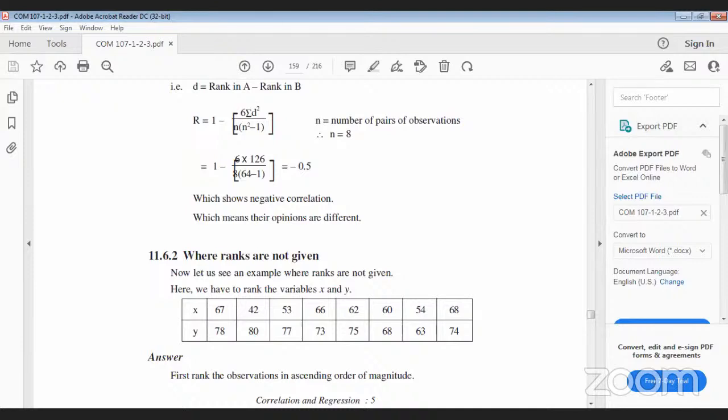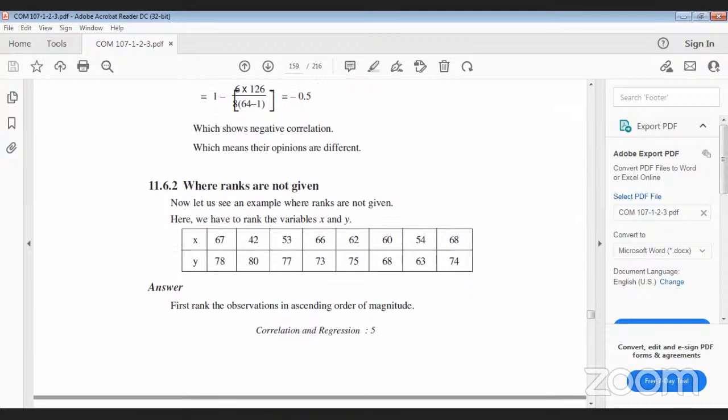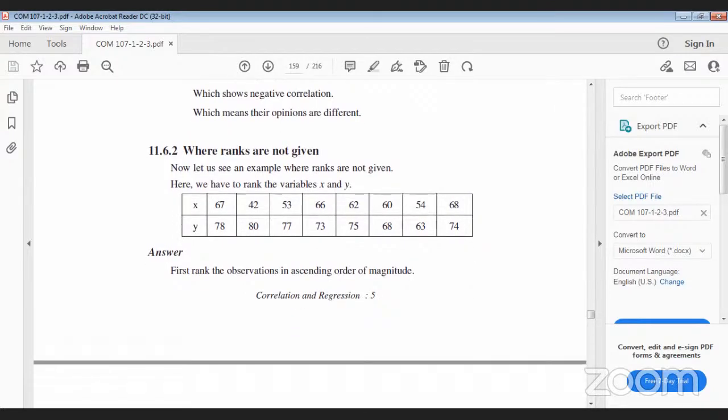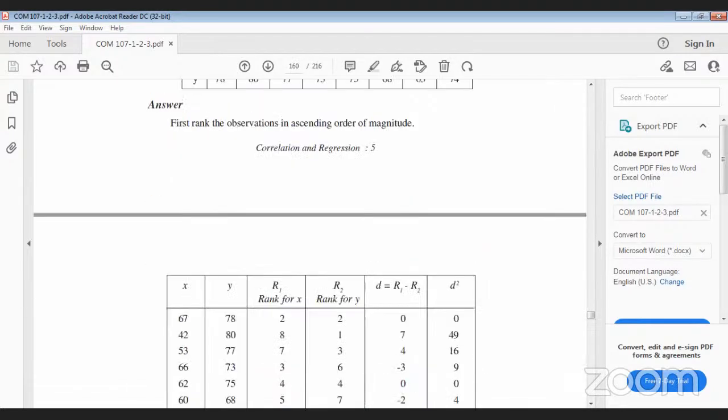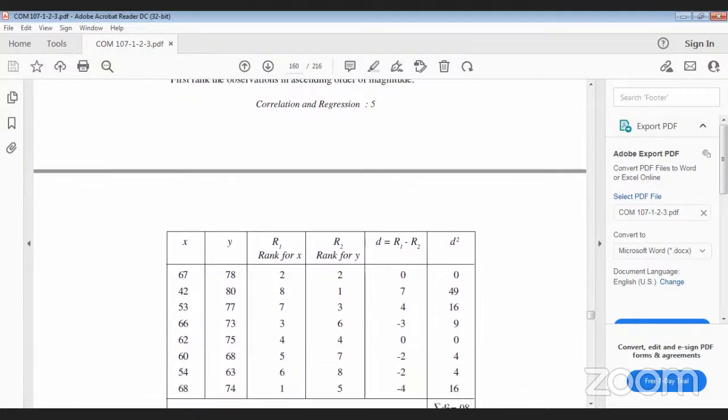First we rank the observations in the ascending order, and then we will make the table here. And this table has six columns. In the first column, you will find the numbers of x here: 67, 42, 53, 66, 62, 60, 54, and 68.